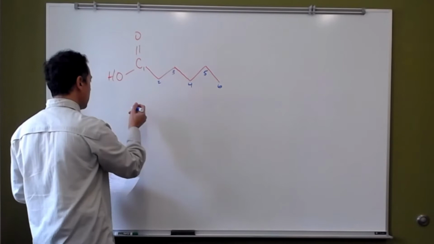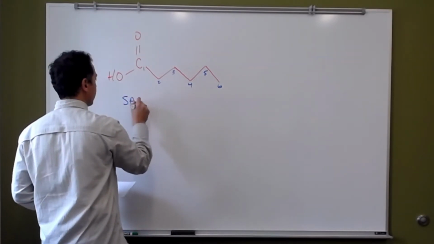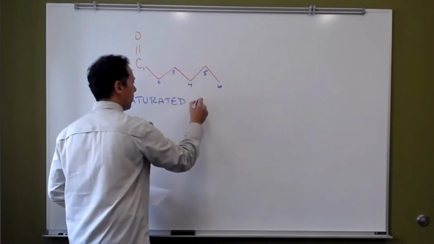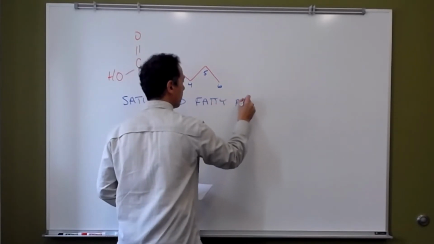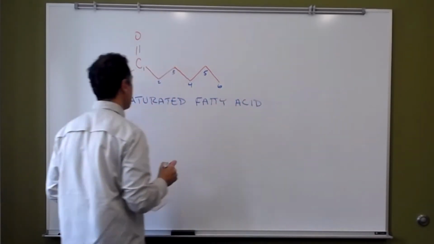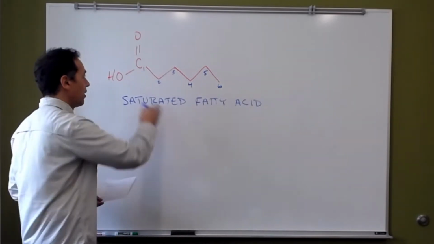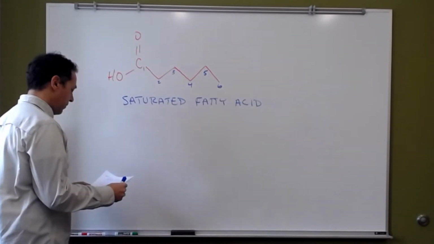So this one right here we would call saturated fatty acid. Saturated fatty acid. That is to say we can't put any more hydrogens on there. We have all single bonds here in our carbon chain. So this is a saturated fatty acid.